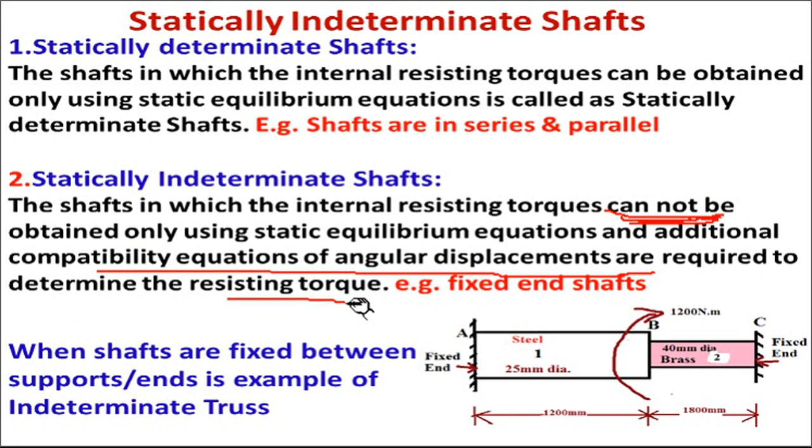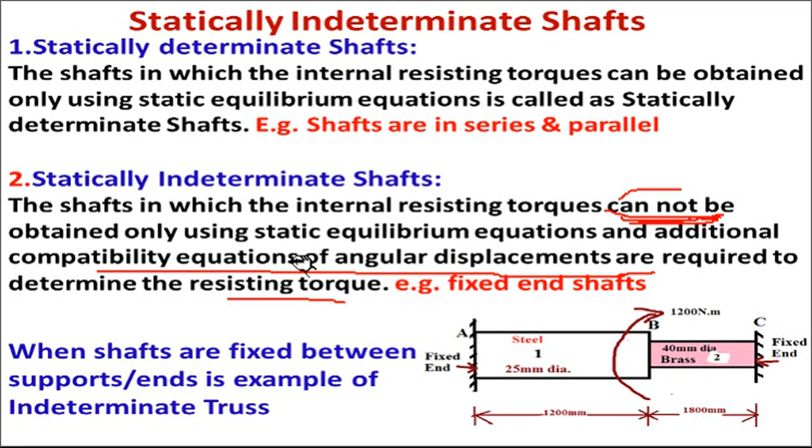What does it mean? It means the static conditions, that is Fx = 0, Fy = 0, moment = 0, are not sufficient to determine the number of unknowns in the problem.